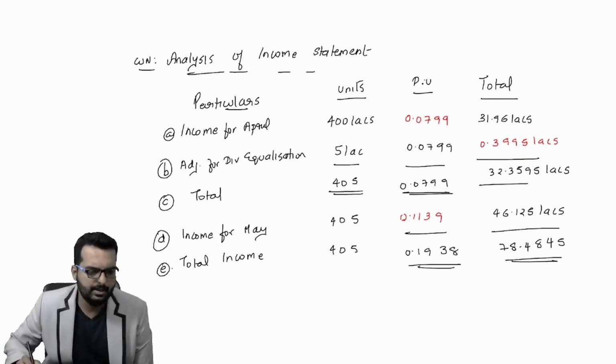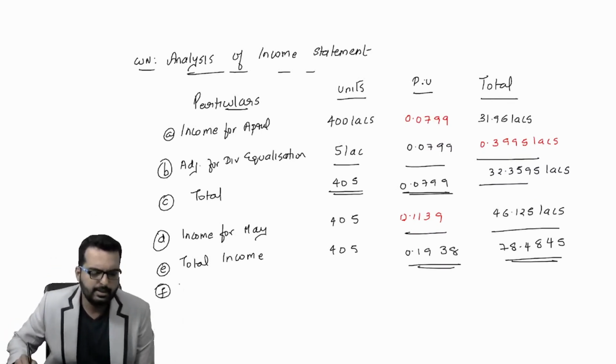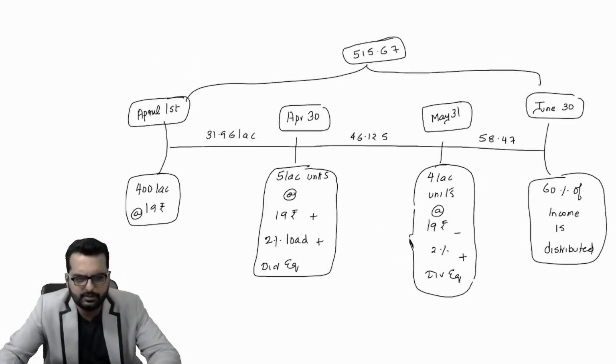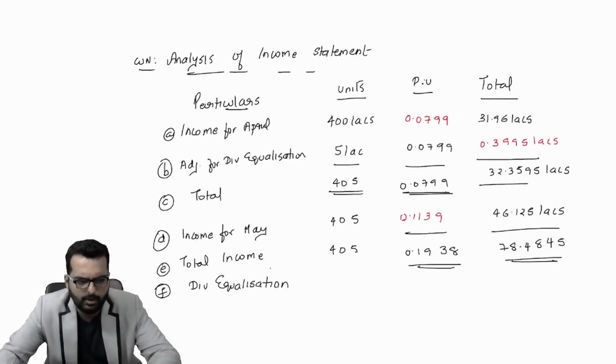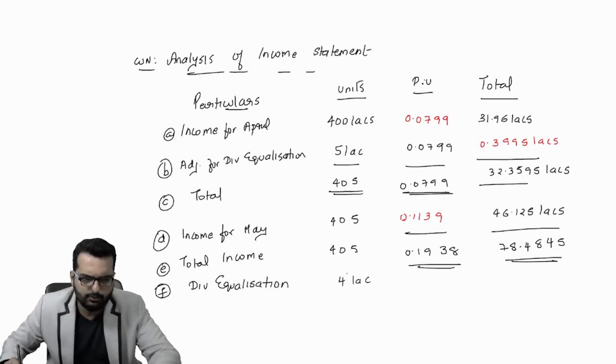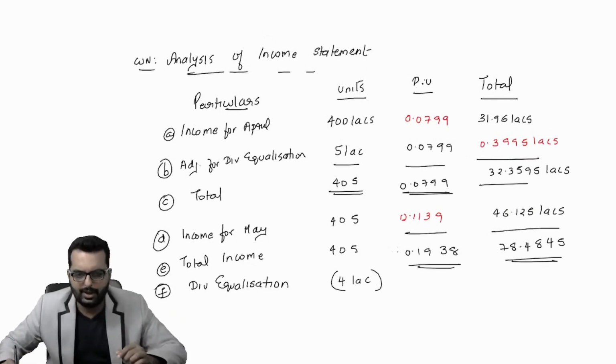Now what will happen? At this point, there will be some people who are going to leave the company. So again, what will come over there? Dividend equalization will come. How many units are going now? 4 lakh units are going. So for these 4 lakh units also, we will end up paying 0.1938.